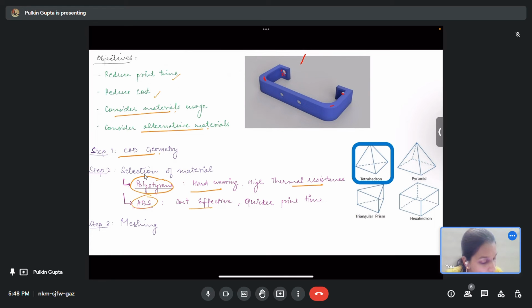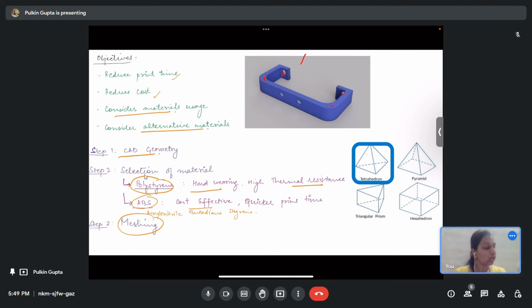ABS was acrylonitrile butadiene styrene. Then once you have the geometry and you have selected the material, you go towards meshing. Okay, so meshing is discretizing this geometry into small parts.